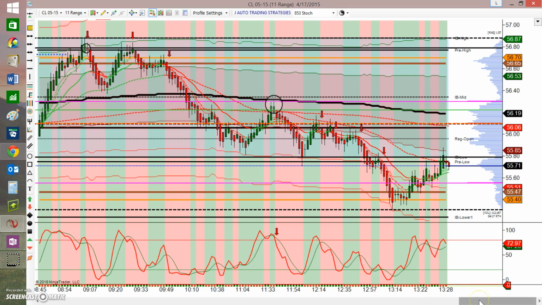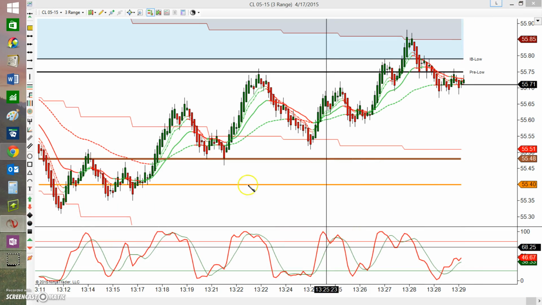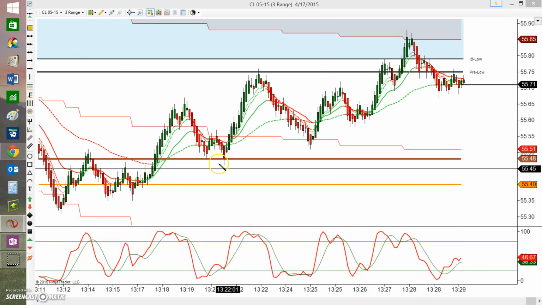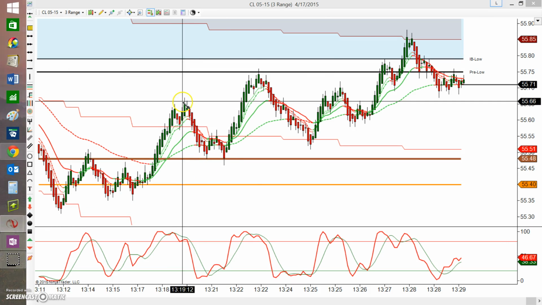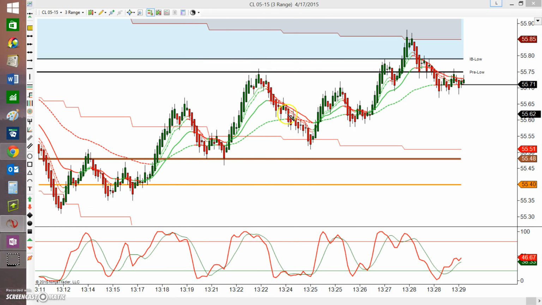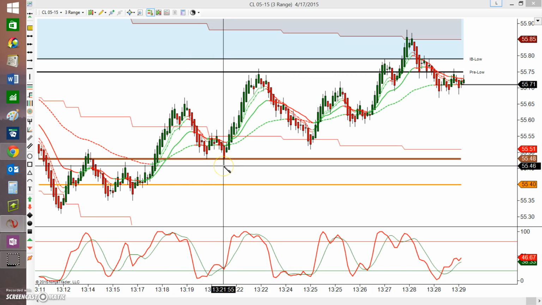I'll show you several examples of divergences on my 3-range chart. So if you want to take a smaller time frame to narrow in on these trades, I recommend that. But you can see that when price is making a lower low, but the momentum is making a higher low, you know that this pullback has ended.